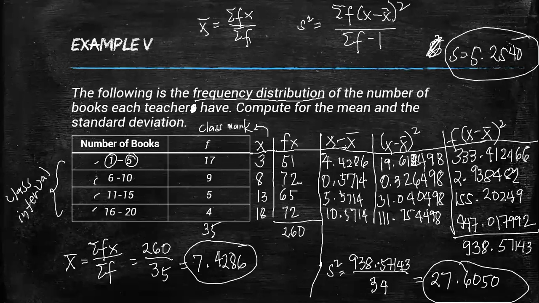Decimals, number 1, di ba? Tama? Yes po. Okay, dahil medyo nakakalito, dahil mahaba yung decimals, di natin alam kung saan puputulin. Basta pag sa table tayo, class, maximum of 6 decimal places. Pag final answer, maximum of 4 decimal places. Kaya pag mean, 4 decimal places lang. Saka variance and standard deviation.